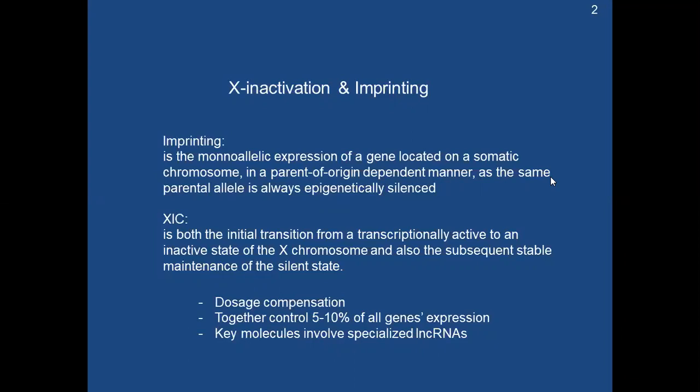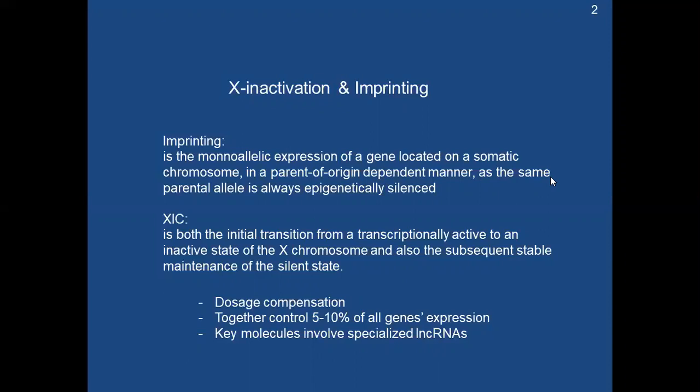So if we read this definition, it says X chromosome inactivation, XCI, is both the initial transition from a transcriptionally active to an inactive state of the X chromosome, and also the subsequent stable maintenance of the silent state. So there are two mechanisms in play here.